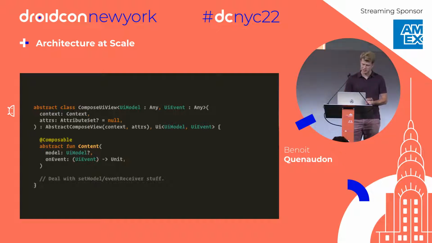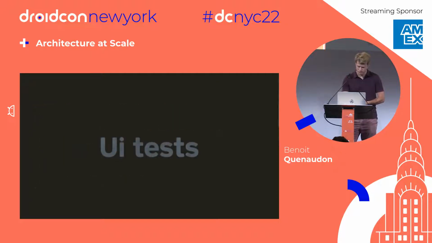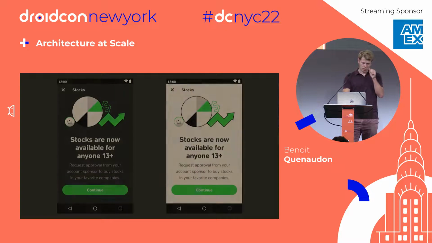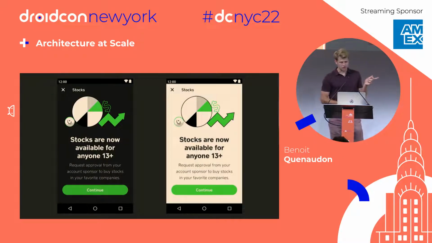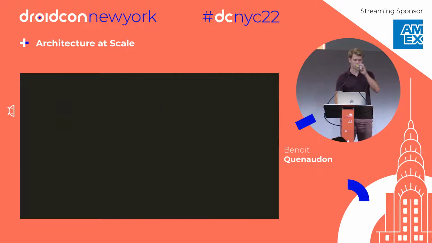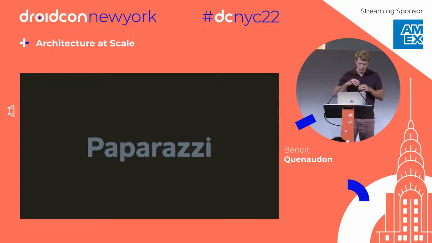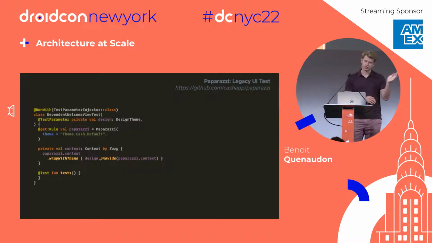But the way we test it, I think, is pretty sweet. Those screenshots are not shots that I took, but something that Paparazzi generated for us, which is the library that we use internally for UI testing. Because we have a really simple API with an event receiver and set model, the tests are also really simple.